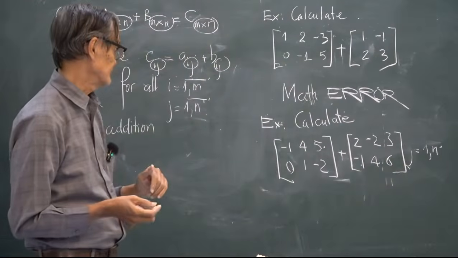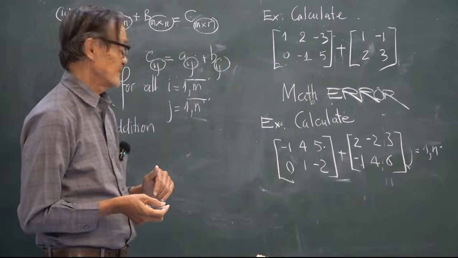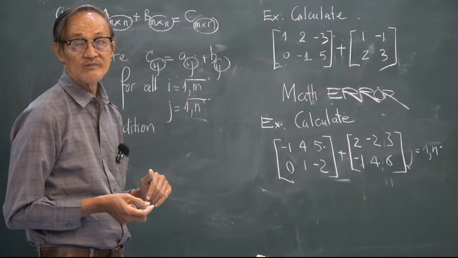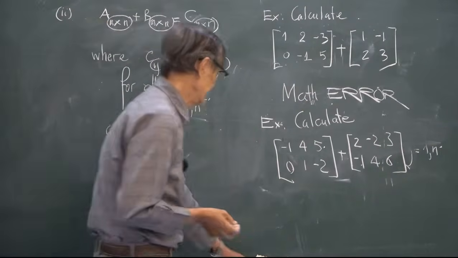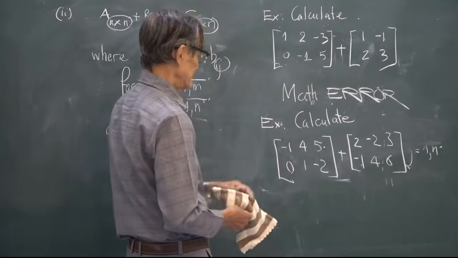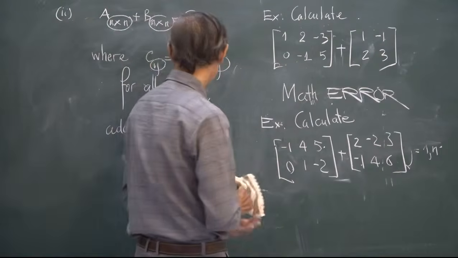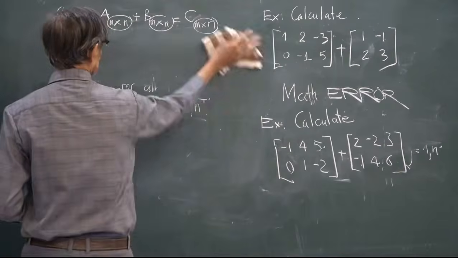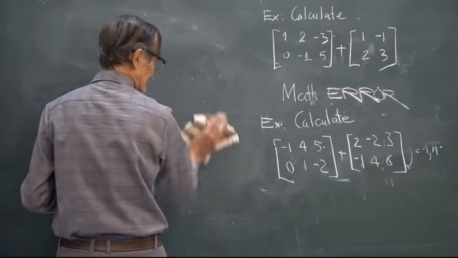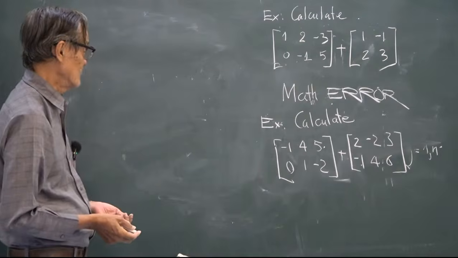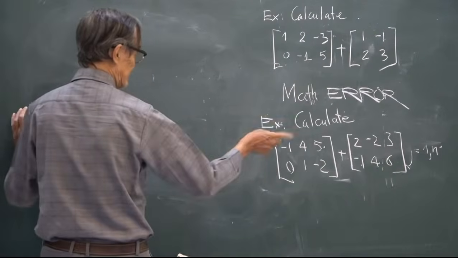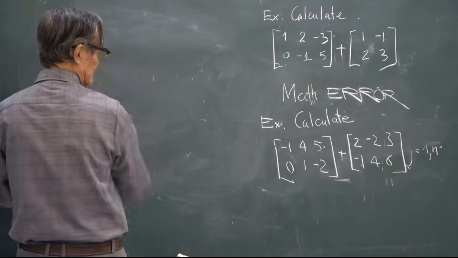Here, the two matrices have the same dimensions, 2 times 3, so we can calculate the addition.